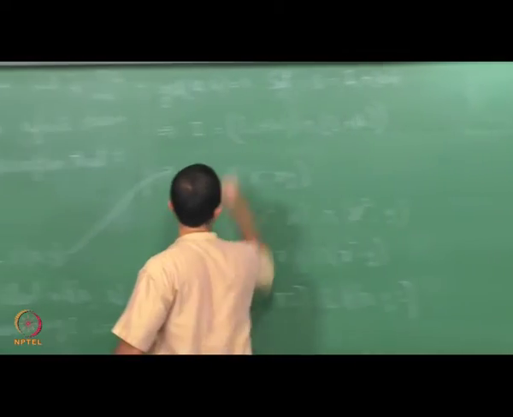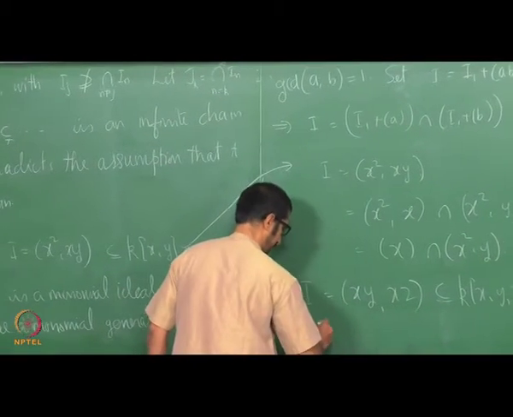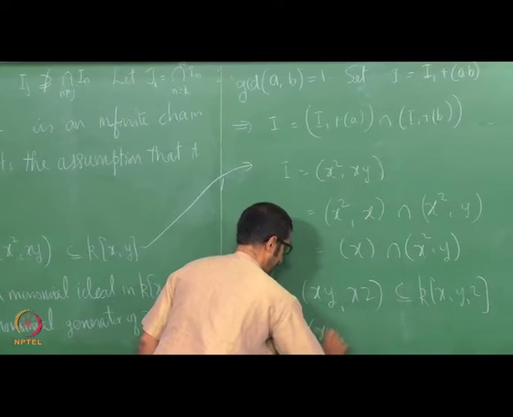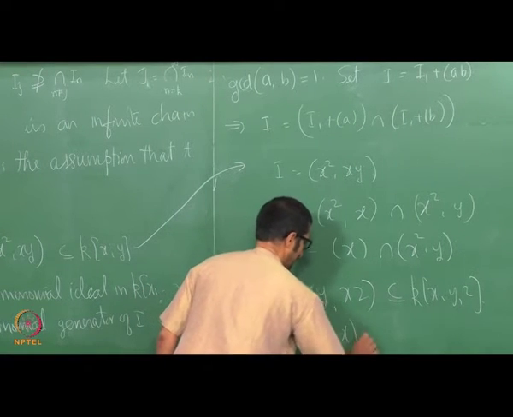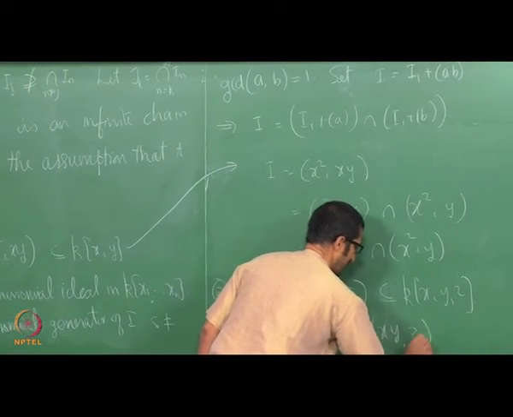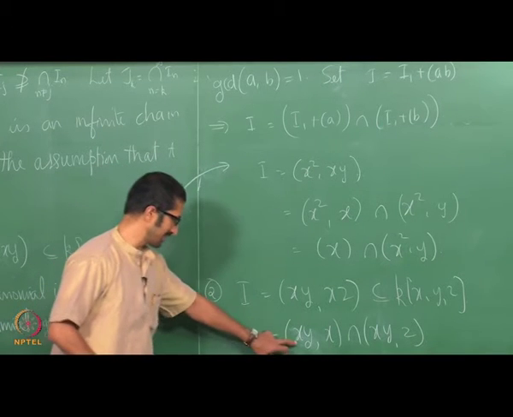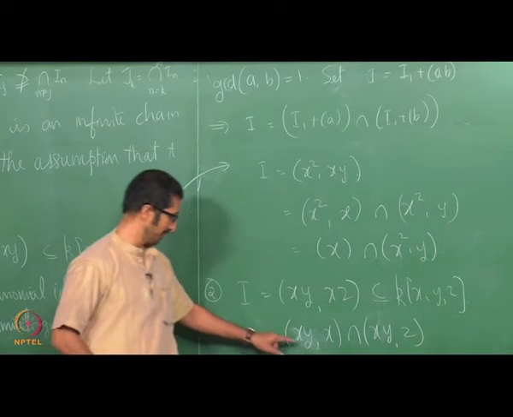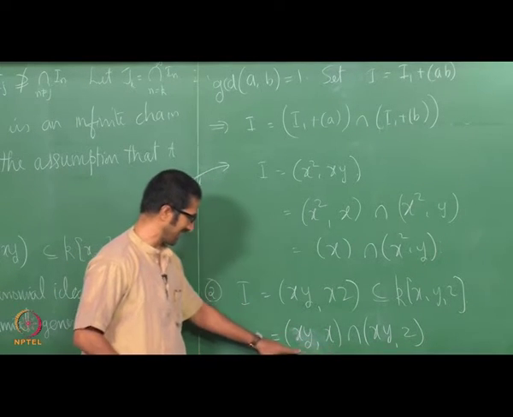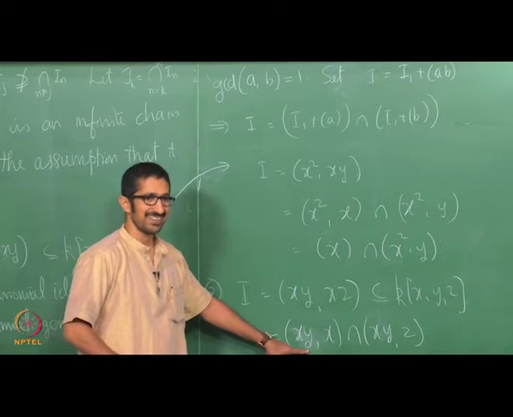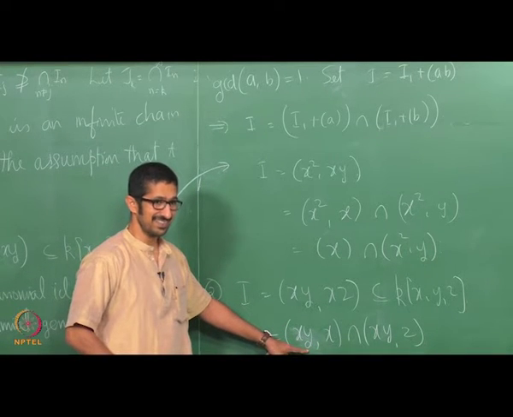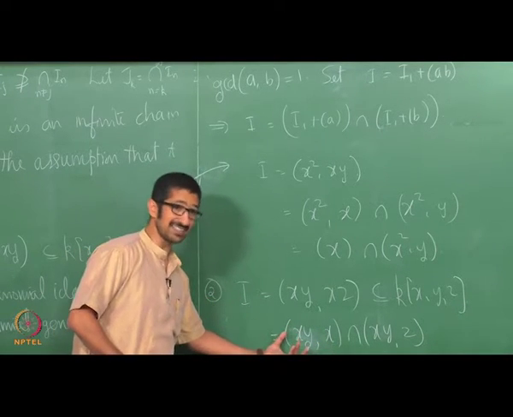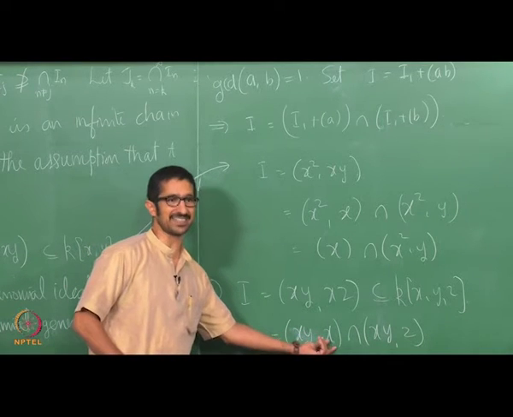This is equal to (xy, x) intersection (xy, z). Now what is this ideal, x intersection xy? Can you see what this ideal is? It is the ideal generated by x itself, because xy is there in the ideal generated by x.